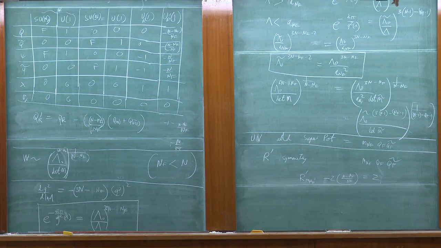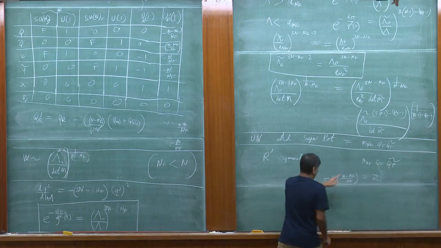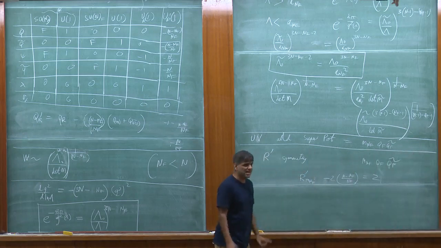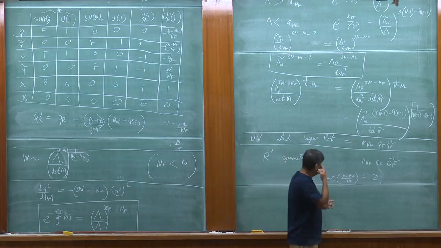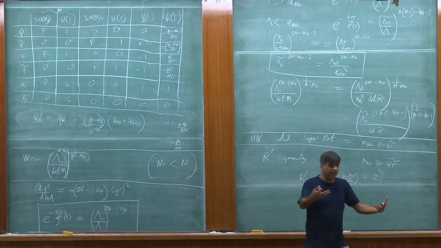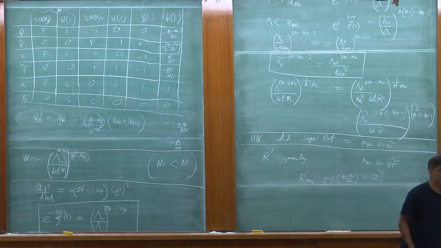So, if we assign M this charge under this R prime, then R prime was preserved by our UV theory and therefore should be preserved in the IR theory. Is this clear?